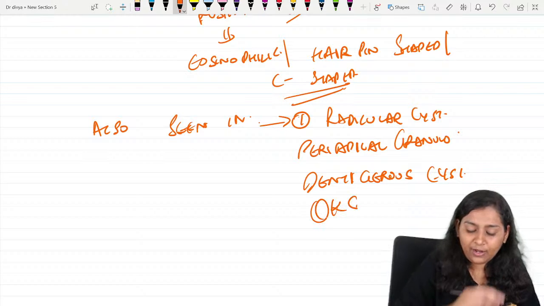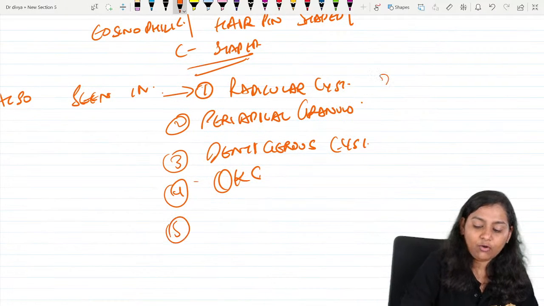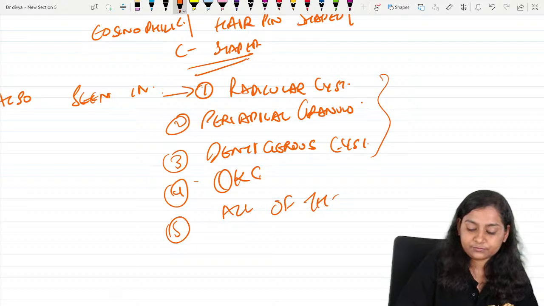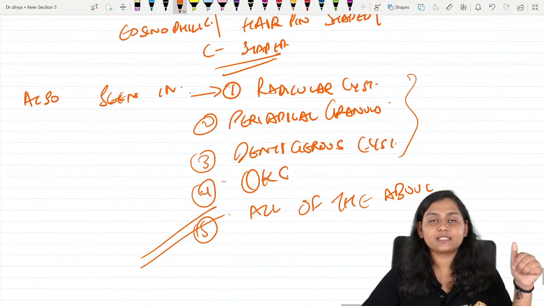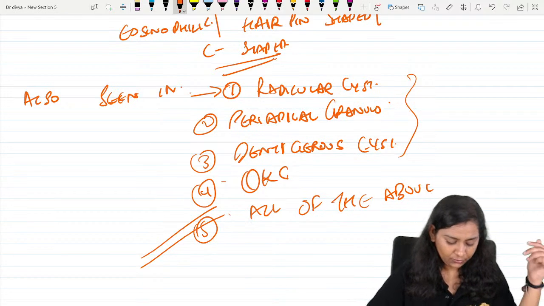Now, why am I telling you that these are also seen in all other cysts? Because your question can give all these options and then they will ask all of the above. So your answer will be all of the above. Remember, Rushton bodies are seen in radicular cyst, periapical granuloma, dentigerous cyst, and OKC.